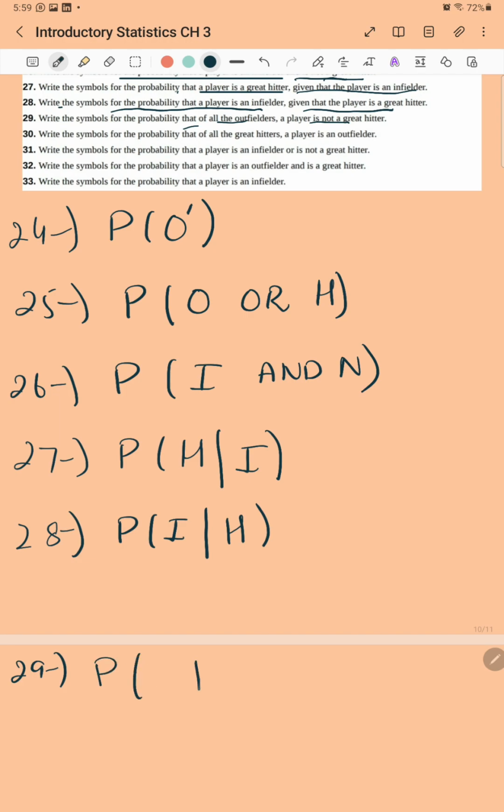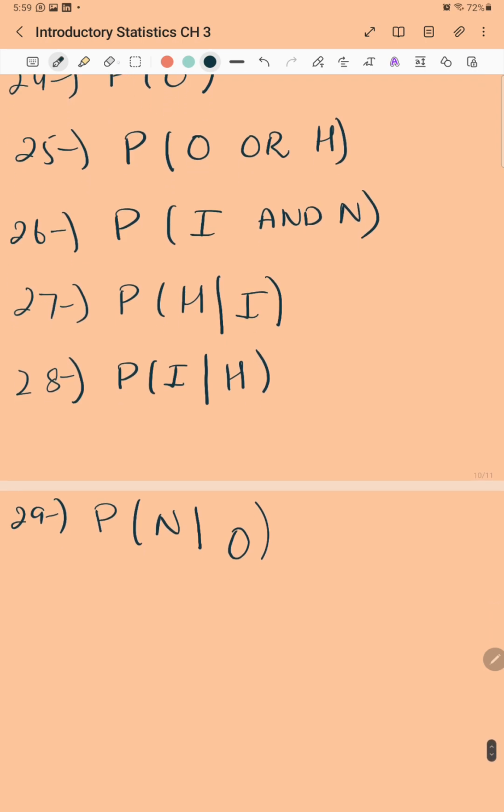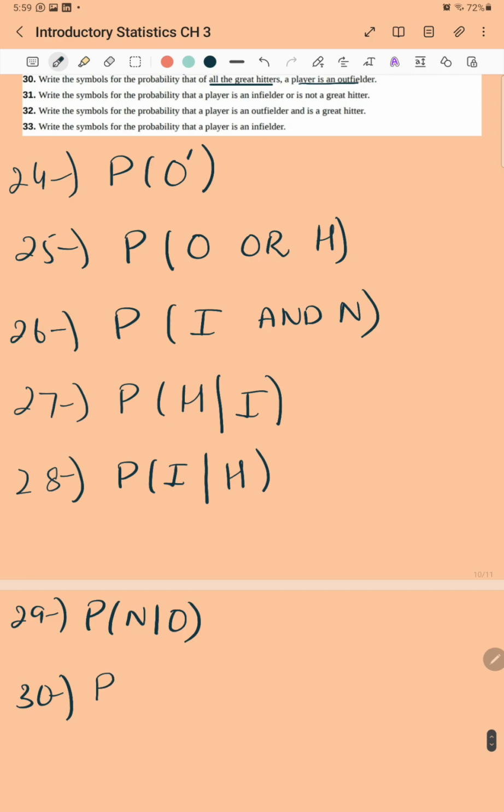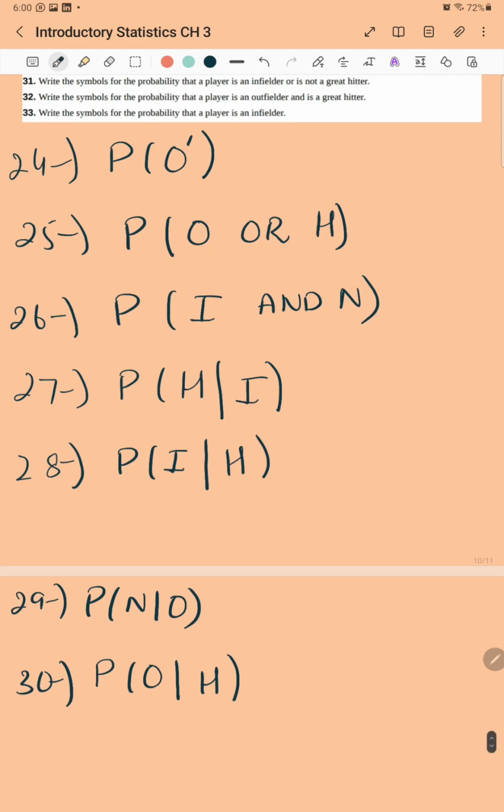So of all the outfielders यानी कि टोटल जो है वो हमारे पास आता है इस तरह, of all the outfielders not a great hitter, and that is N given O. For question number 30, write the symbol for the probability that of all the great hitters a player is an outfielder. आउटफील्डर के लिए we are going to use O, और जो 'of all' आएगा ना वो हमेशा नीचे आएगा और यहाँ बाद में आएगा हिटर्स. Write the symbol for the probability that a player is an infielder and not a great hitter.